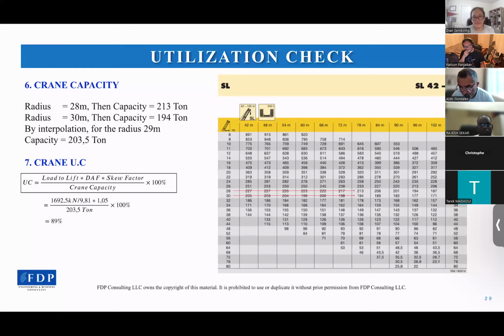For tomorrow, I hope we'll be able to concentrate on the COG calculation, like what Yazid or Rajesh said. No, we are not concentrating on the COG calculation tomorrow.